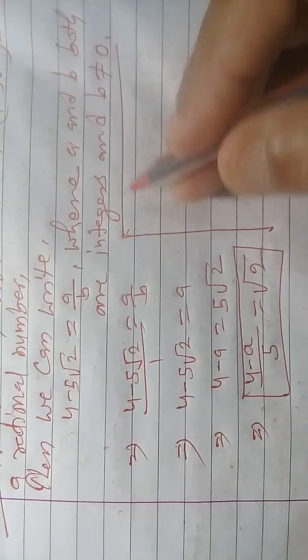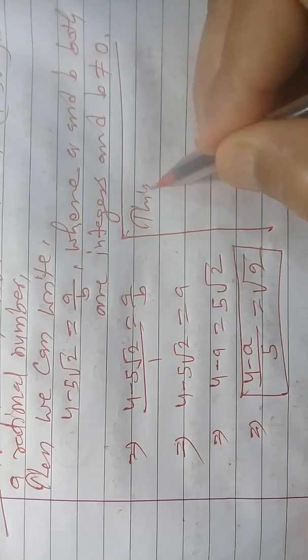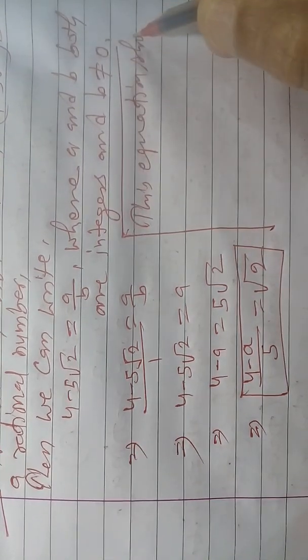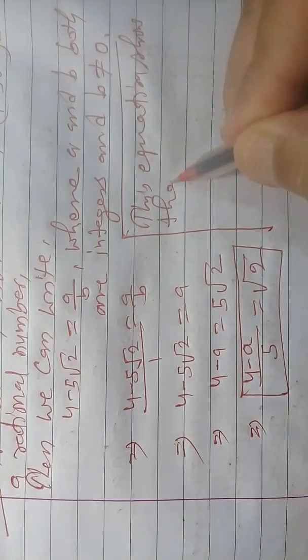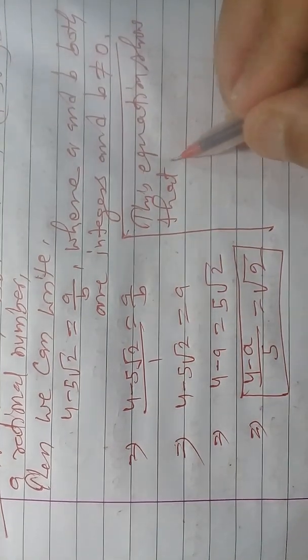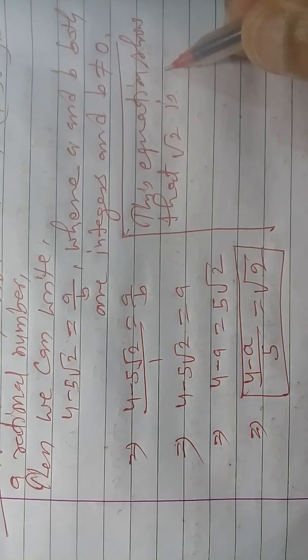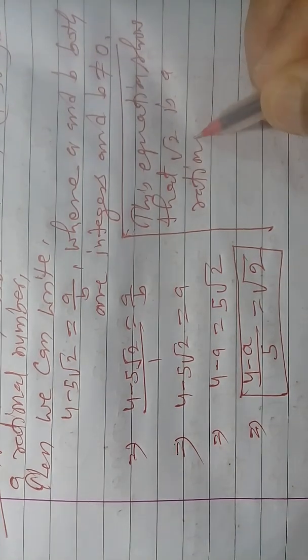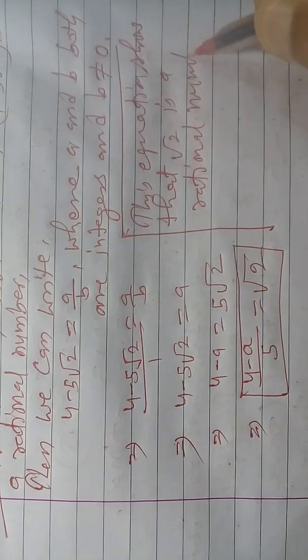This equation shows that root 2 is a rational number.